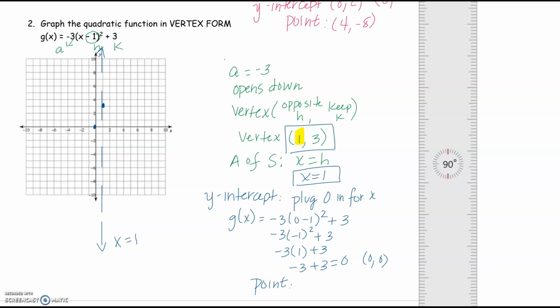Okay, again, I look at this. From the axis of symmetry, I went 1 to the left to do my y-intercept. I'm going to go 1 to the right. That's the point right there, 2, 0. 2, 0 is my other point. This is 0, 0. And this is 1, 3. 3 points are all we need when we do this. And you draw your parabola.